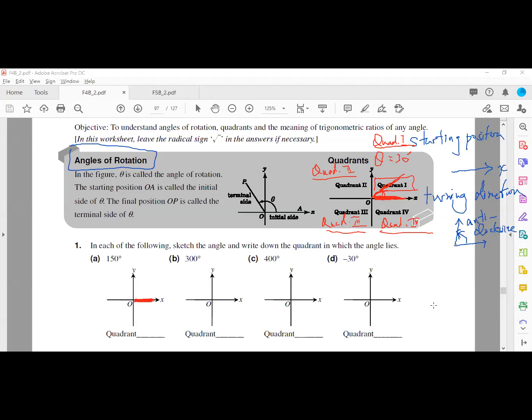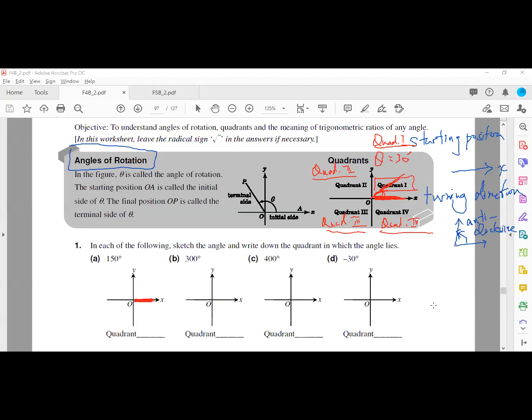If it is 90 degrees, then we will go to the next box, and then 180 degrees we'll go to the third box, and then after 270 degrees we'll go to the fourth box.